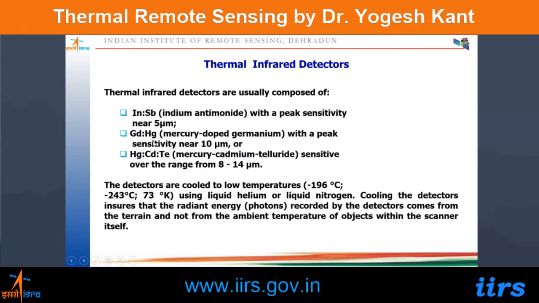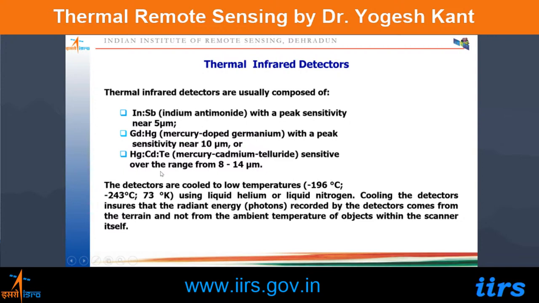And for 8 to 14 microns, we use mercury doped germanium, which has a sensitivity of 8 to 14 microns, peaking at 10 microns. And for broad, we use mercury cadmium telluride, that is 8 to 14 microns. So these are some of the sensors which we use in satellite sensing.